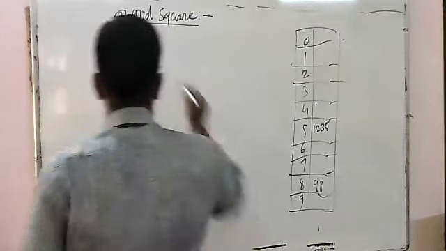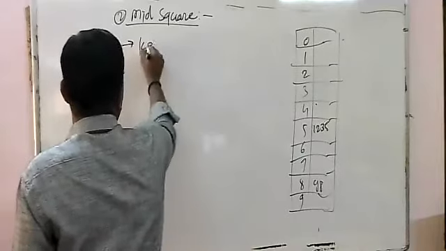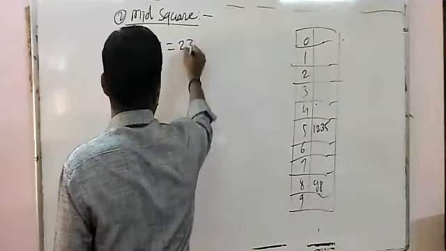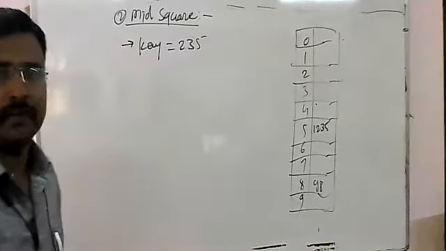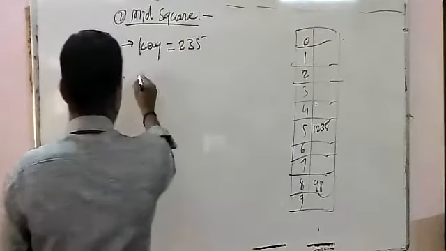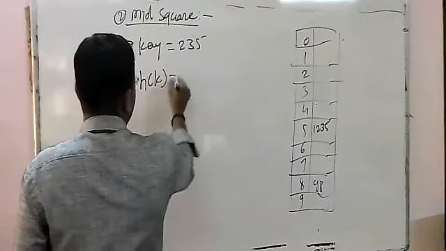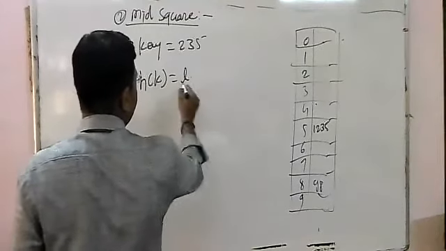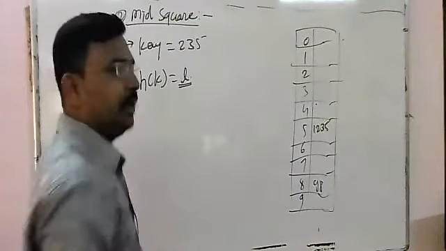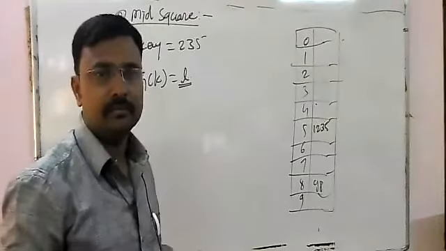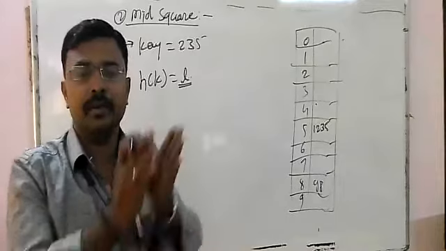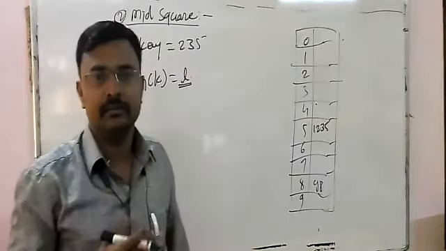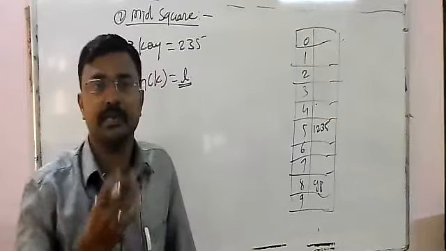For example, suppose your key is 235, and h of k is equal to L, where L is nothing but the middle value from your square.